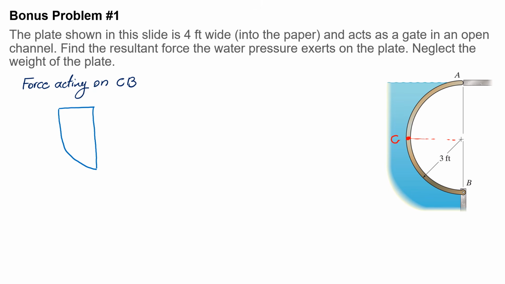Okay, so if this point is point B, this point is point A, I'm going to call this point D, and this point would be point C. So the direction of this force would be up because fluid is below CB. Now, also I can write force acting on AC, and that would be simply something like this.